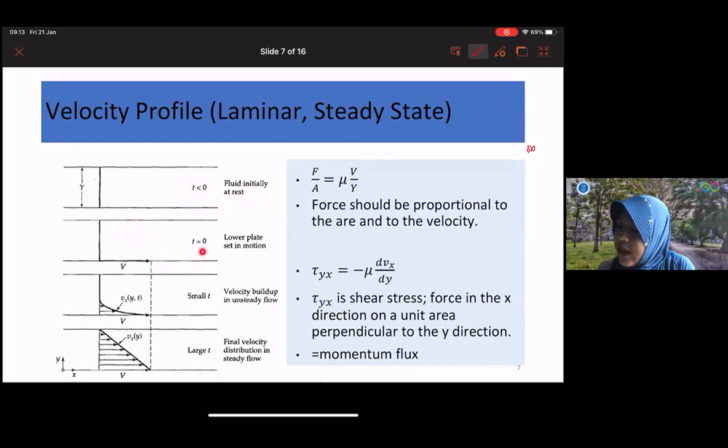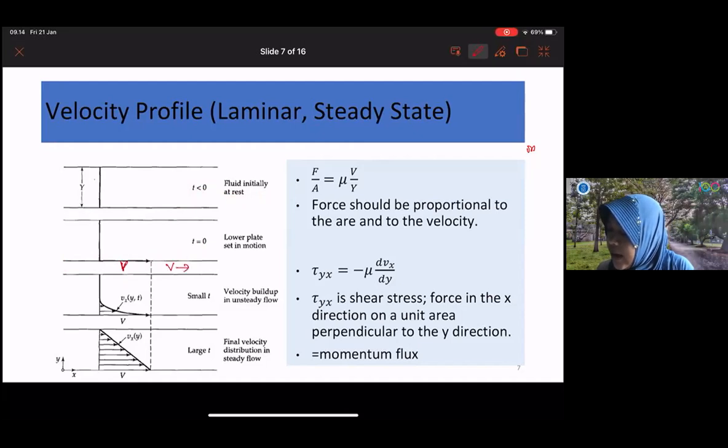Then when t equals 0, at a certain time, we have the lower plate set in motion, and the plate will have a velocity of v.